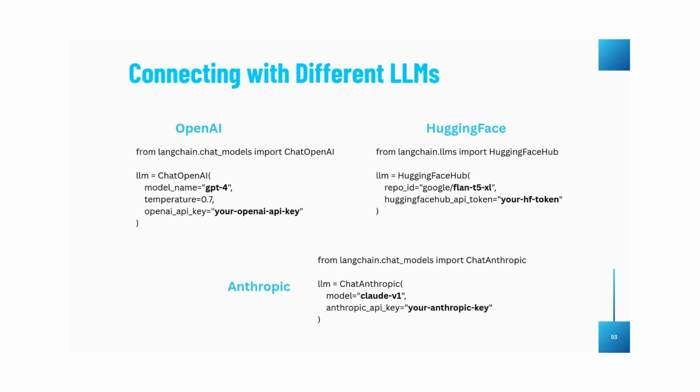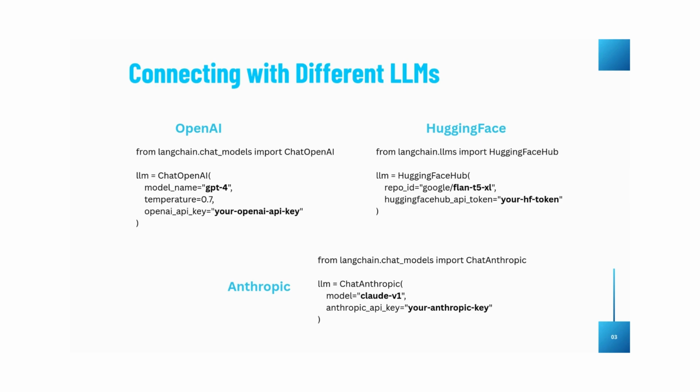Now let's talk about Hugging Face. The same way as OpenAI, first you need to import the wrapper class HuggingFaceHub. Once you import the wrapper class using LangChain, you can initialize the LLM using the same wrapper class. Here you need to pass a model name in repo ID.